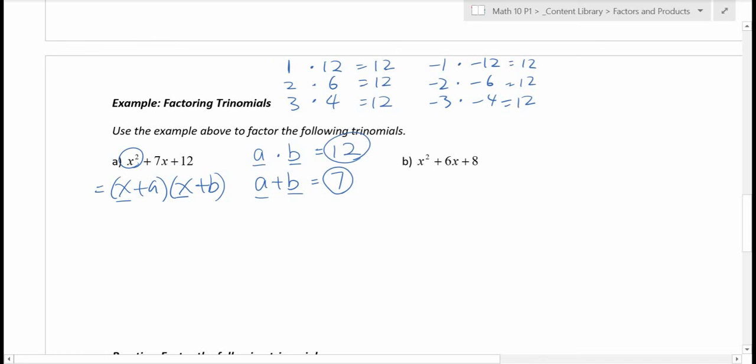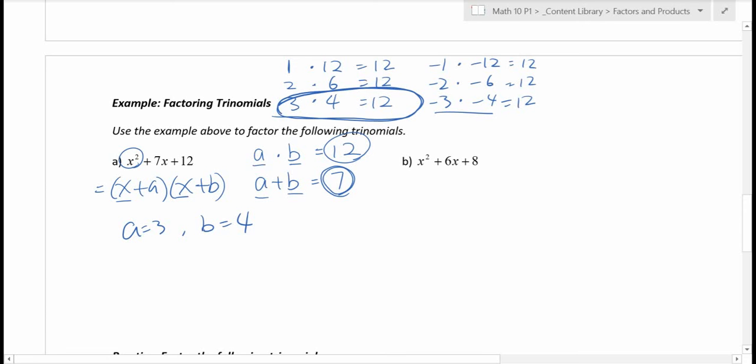But which combination out of these 6 actually add to 7? This is the one right here, right? This adds to negative 7, not positive 7. So this is the right combination, which means A is 3 and B is 4. Okay, A equals 3 and B equals 4. Now you might ask, well, does A have to be 3?